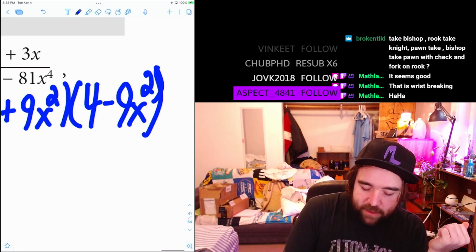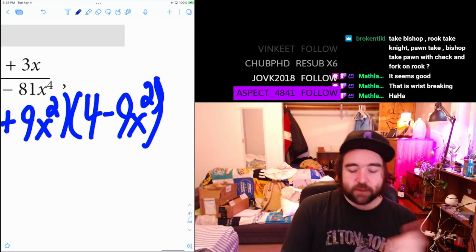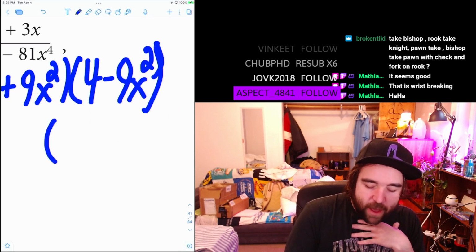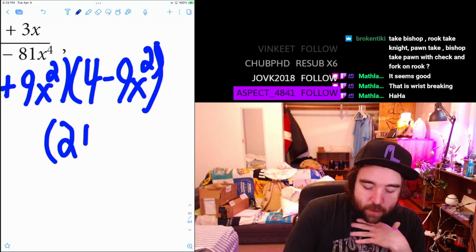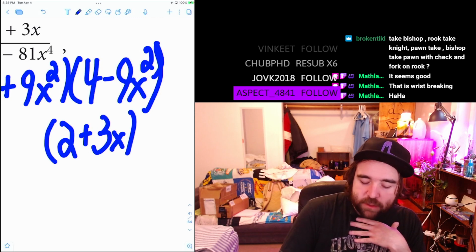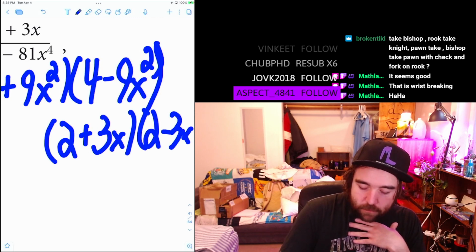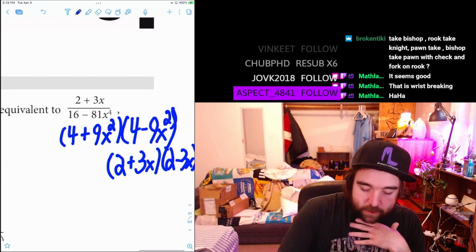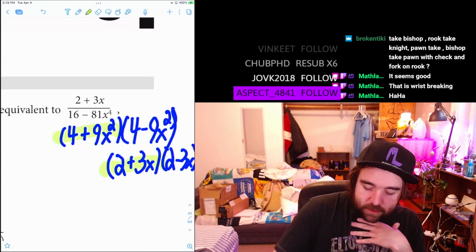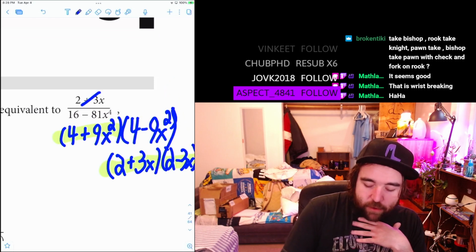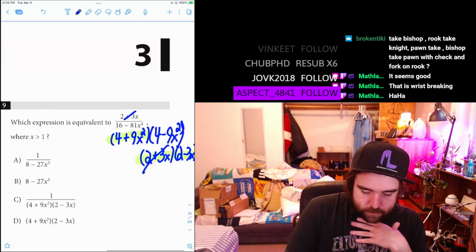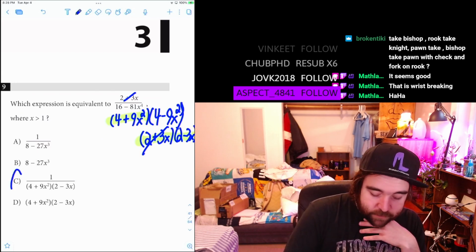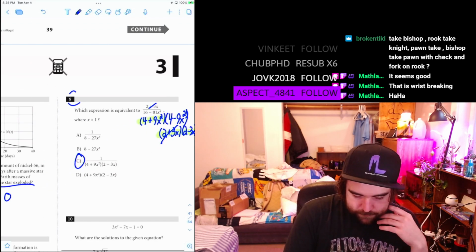And then you recognize again, this is also a difference of two squares. 4 minus 9x squared, both of those are squared things. So you can make that 2 plus 3x times 2 minus 3x. Right? And so now we're left with these things on the bottom, and see how that just cancels. So yeah, difference of two squares. Absolutely critical. So what were we left with? The minus 1. C.